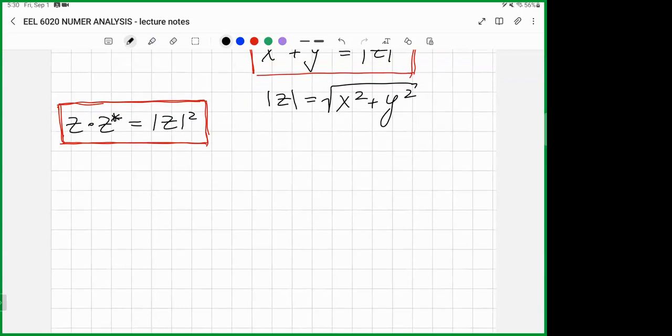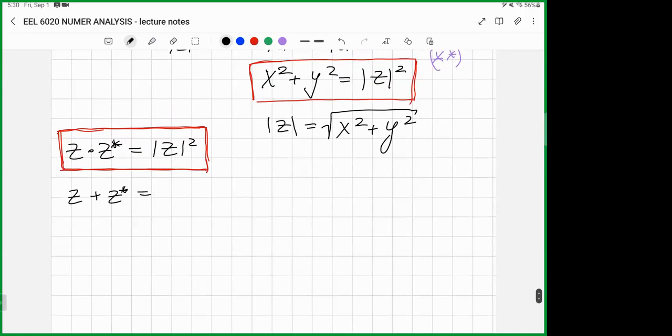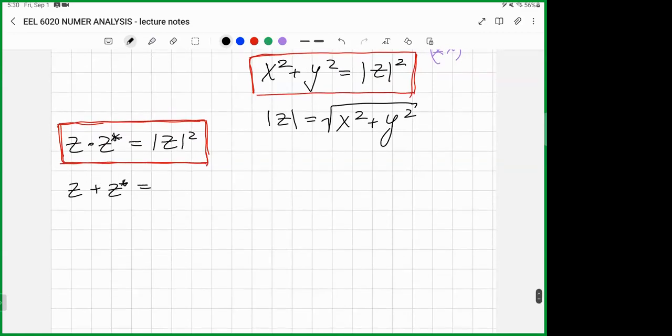All right. So what's next? What would we get if we take the sum of the complex number and the complex conjugated number? From this formula, x plus iy plus x minus iy, we get, so iy and minus iy cancel out, and we get 2x, which is twice the real part.